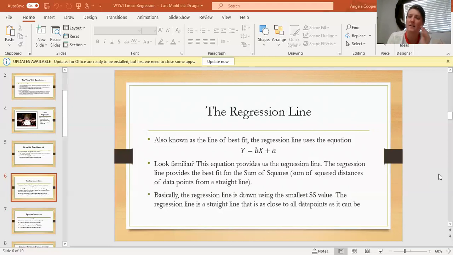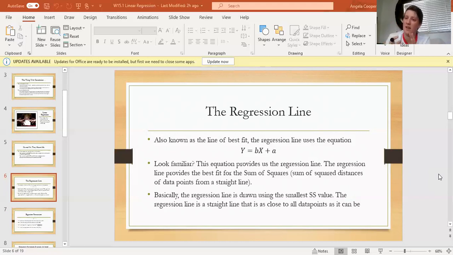So when we have that linear regression line, which you've seen in scatter plots, the closer the data points are to that line drawn on the scatter plot, the stronger the correlation. Well, that line is just using the smallest sum of squares value.